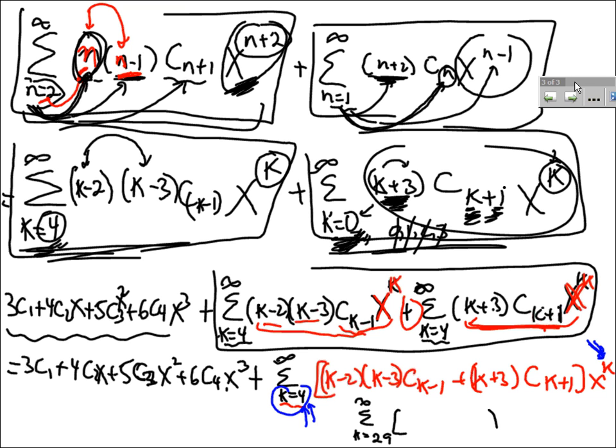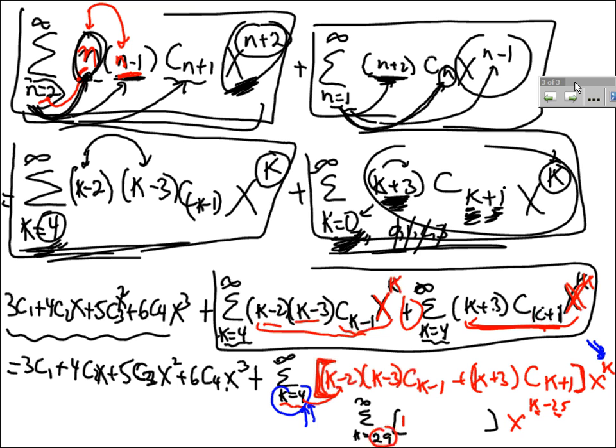What's in that big red box, red brackets if you prefer, lots of things will change. But what will change over here is it would be k minus 25. Why? Because if I plug in 29 and I take away 25, I get 4. And for example, when I plug in 4, I get 2.